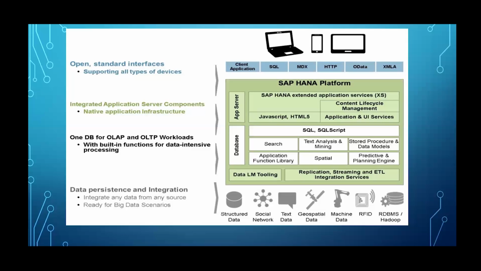I feel that is the main constraint where SAP put effort into building new technology, and that is where HANA came into being. I feel that is the main reason for this.